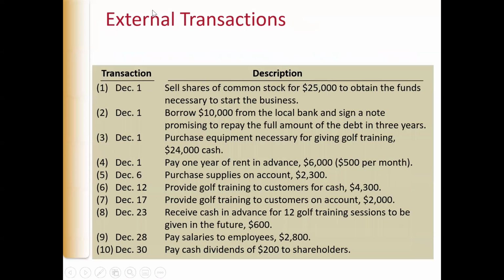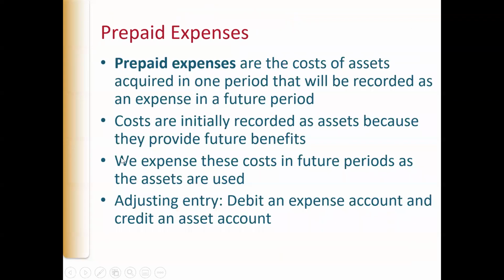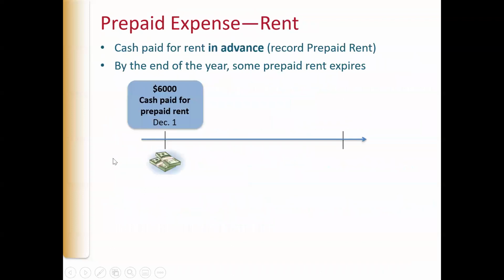So here are all of these external transactions we've done throughout the period, and we've recorded them. So what we need to do is do some adjusting entries. So that prepaid rent, guys, we paid up front. We paid a year's worth of rent in advance on December 1st.